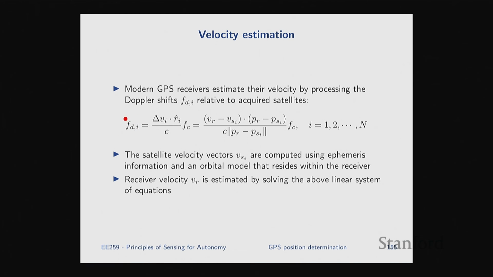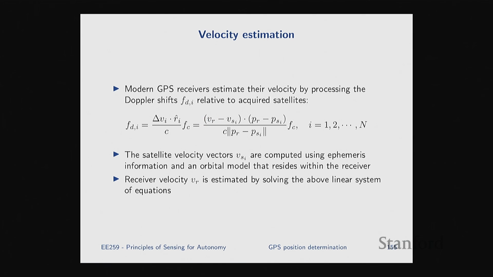You're estimating and tracking it, so the FDi is also known. And the satellite velocity is also known. Again, because you're very accurately tracking the position of the satellite, you can just estimate its velocity from the consecutive position measurements. So the only thing that is not known to the receiver is this VR, right? So again, you have a system of equations that you can solve and find your velocity.